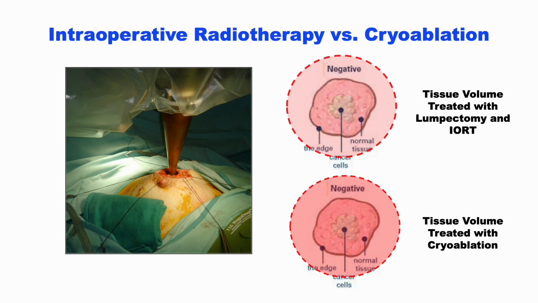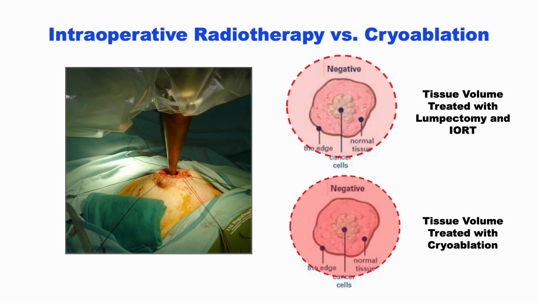So the tissue volume treated is about the same. The margin width beyond the cancer is also about the same. So my thoughts are, if the patient has a tumor under 1 centimeter, they are likely to achieve the same cancer control if they're treated with cryoablation or they're treated with intraoperative therapy or lumpectomy.